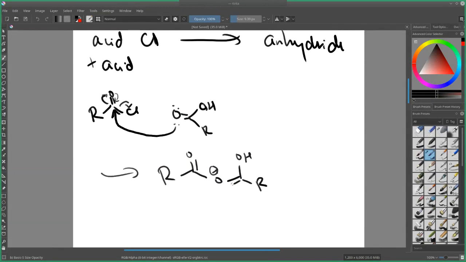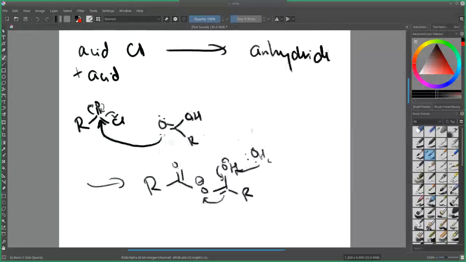So you wind up moving this over from here, some electrons down from here, and then some water will pluck off that hydrogen. Okay, and then that'll give you your anhydride.